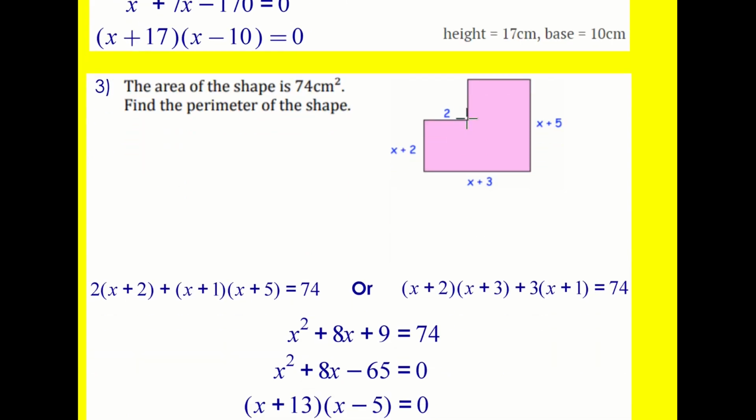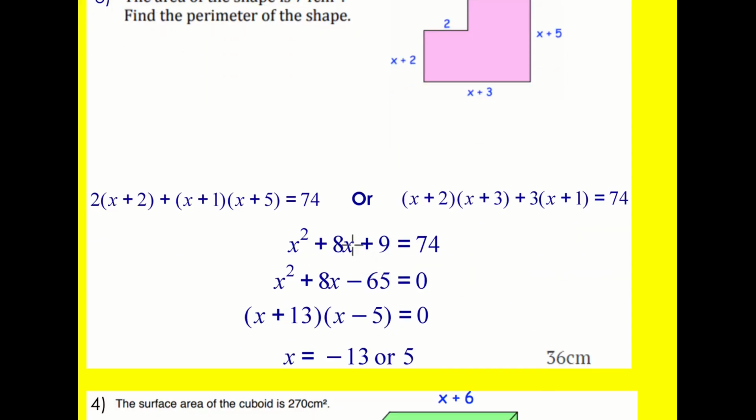You might split it one way and work out the compound area, or you might split it the other way and work out the compound area. They'll lead to the same equation. You actually get x squared plus 8x minus 65 equals 0. Factorize it. 2 solutions, reject the minus 13. X is 5. Work out the perimeter, 36.